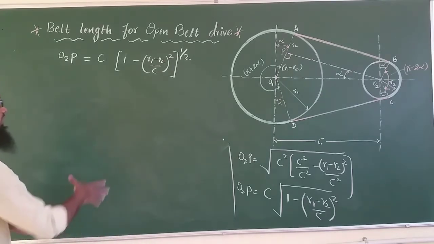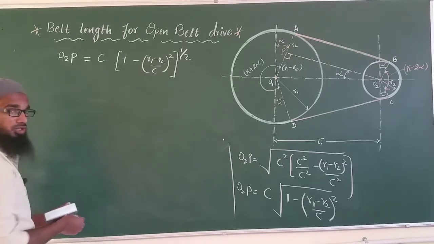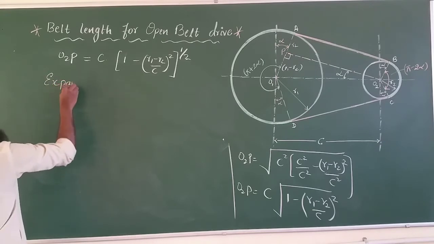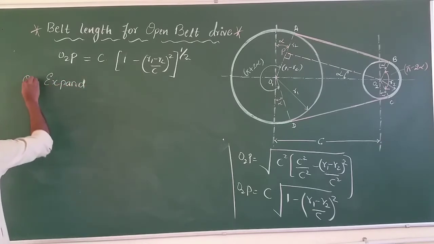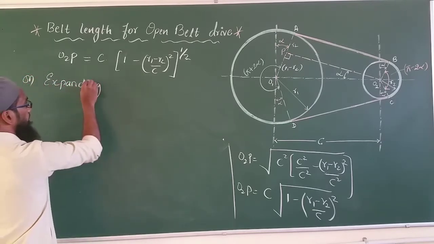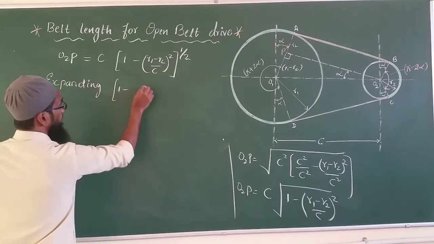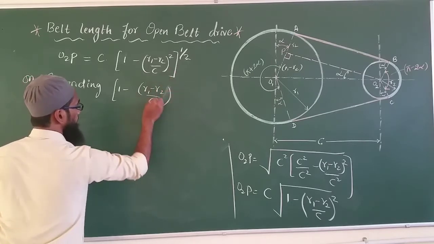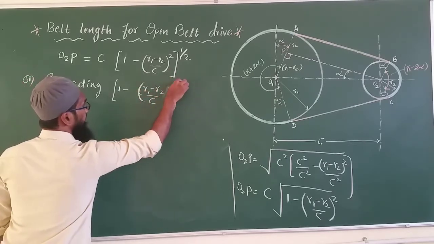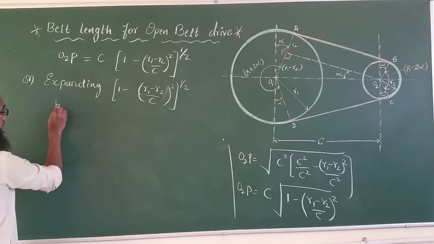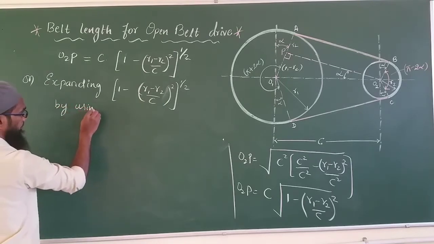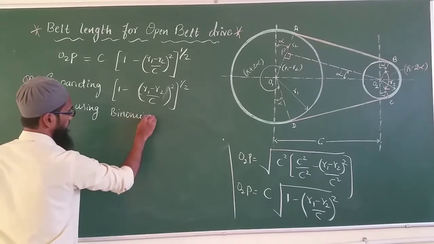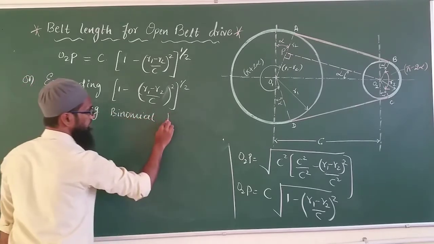So, on expanding the term 1 minus R1 minus R2 by C whole square to the power half by using the binomial theorem.